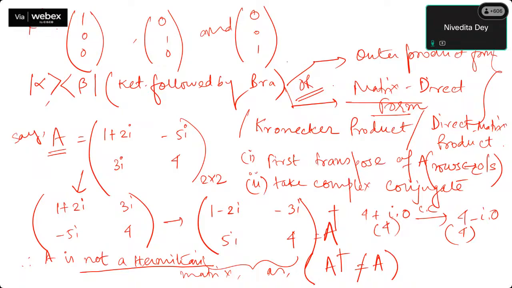But any quantum operator, if it is represented in matrix form, is definitely a Hermitian matrix. Now let me take one more example where it is a Hermitian matrix.